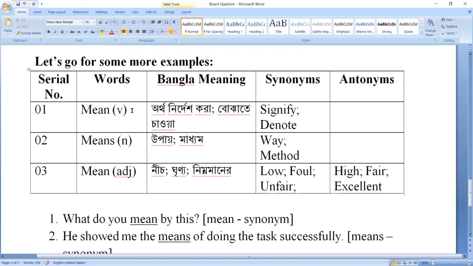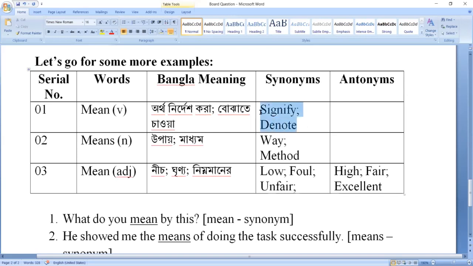The first one, as a verb, the word mean refers to the Bangla meaning অর্থ নির্দেশ করা অথবা বোঝাতে চাওয়া. That is, by the word mean we want to signify something or denote something.